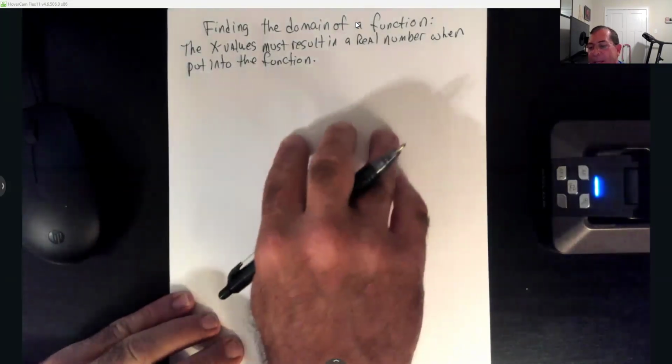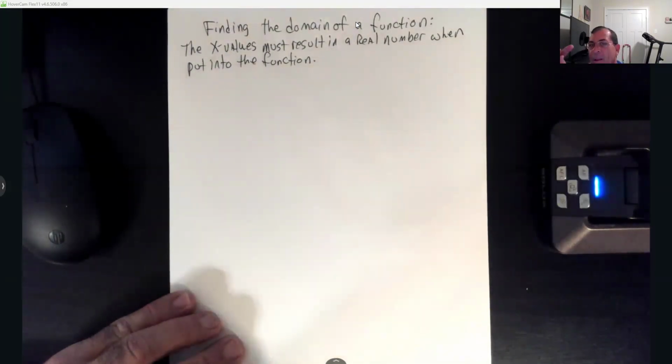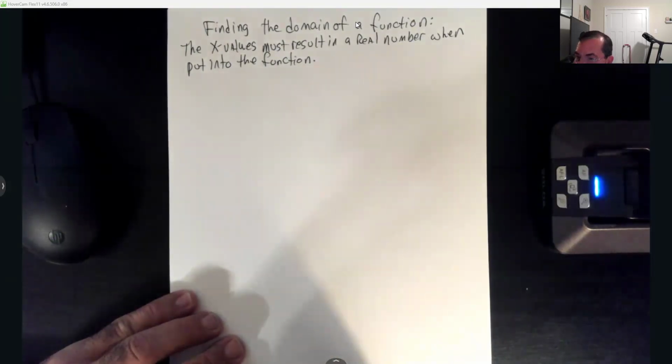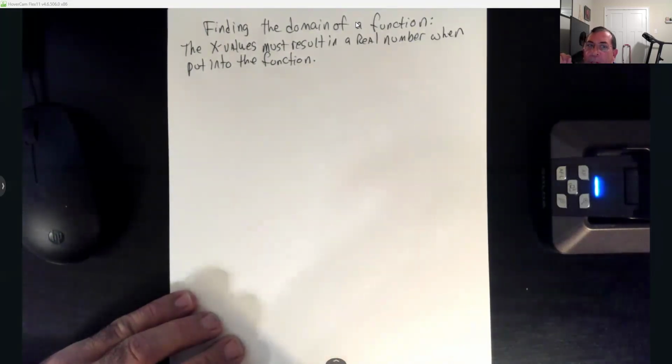At this point in life, there's only one thing I'm worried about that will not give me a real number. Remember, real numbers can be positive numbers, negative numbers. Real numbers can be fractions. Real numbers can be decimals. Okay?